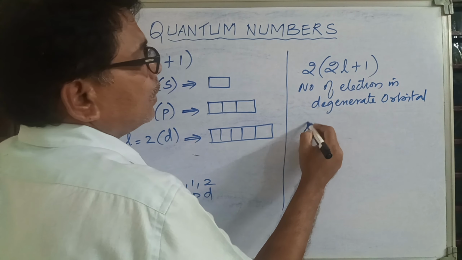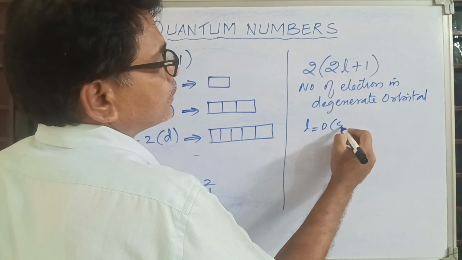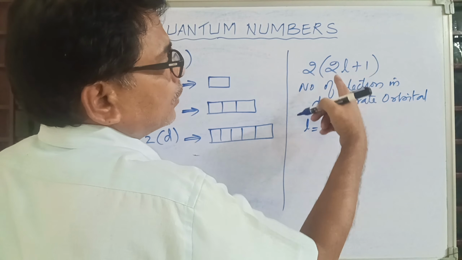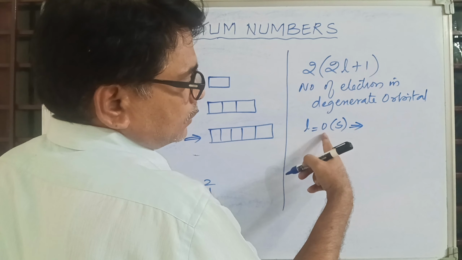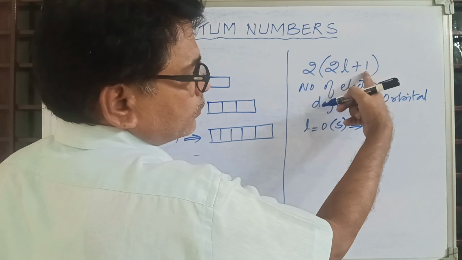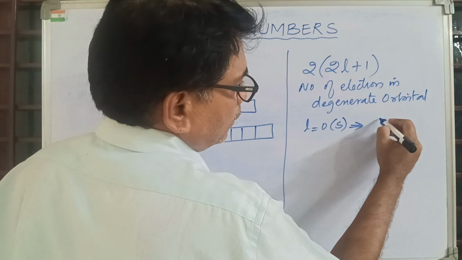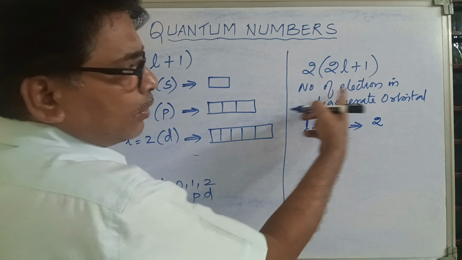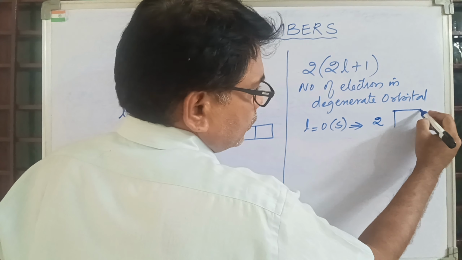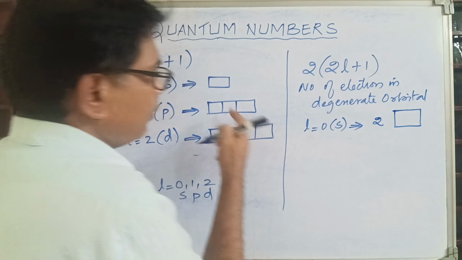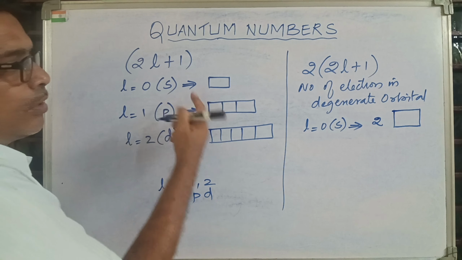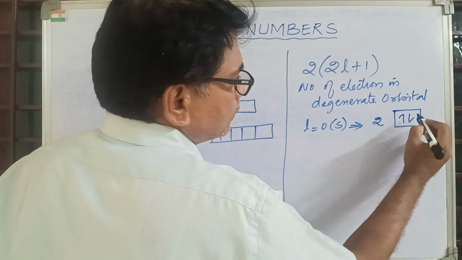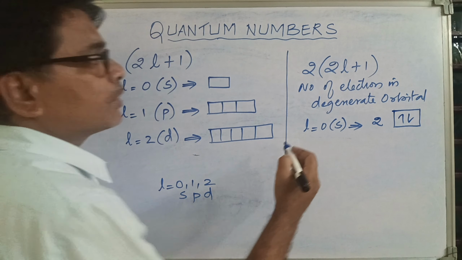Now L is equal to 0, that is s. Placing this 0 here, 2 zeros is 0, plus 1 is 1, 1 into 2 is 2. Therefore 2 electrons. Where are these 2 electrons? In one degenerate orbital, because you already got one degenerate orbital. It holds 2 electrons.